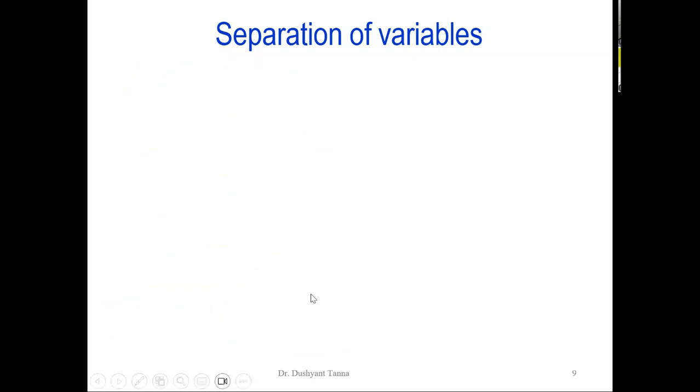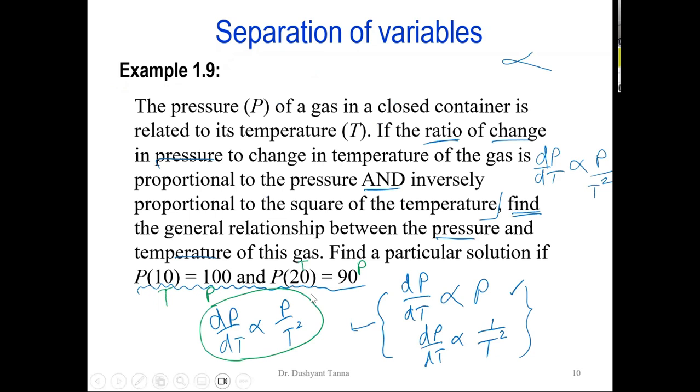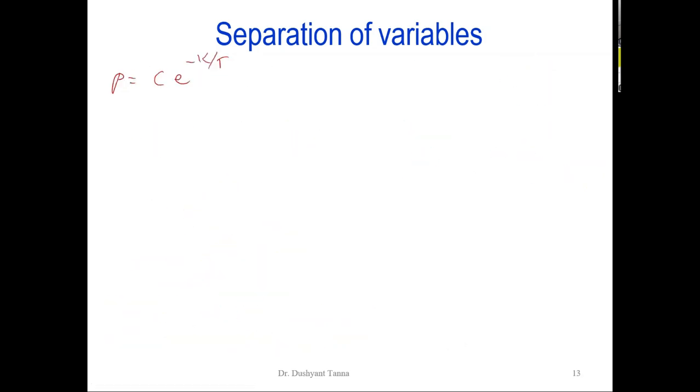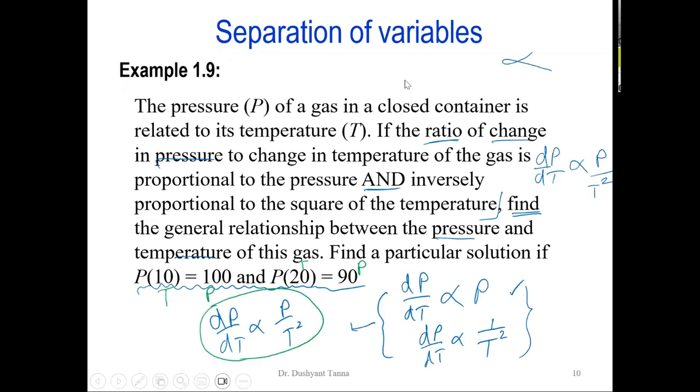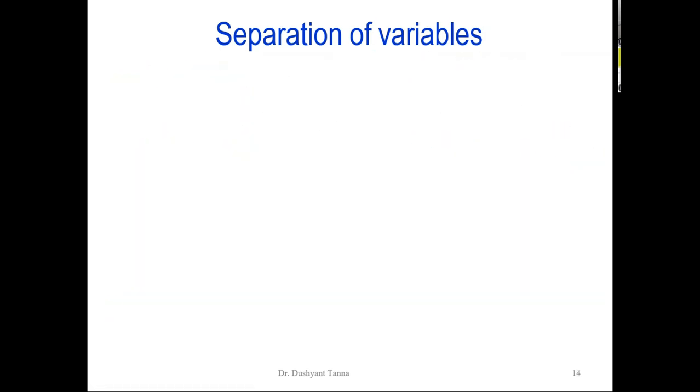P of 10 was 100 and P of 20 is 90. Okay, right. Two equations, two unknowns. So again, these are the values of the variables T and P.